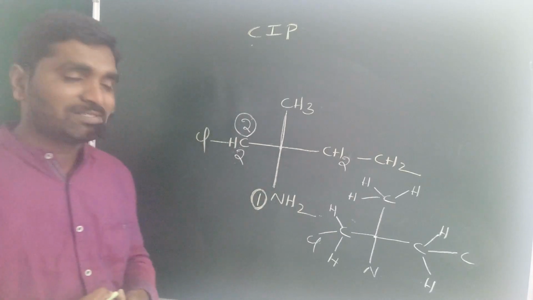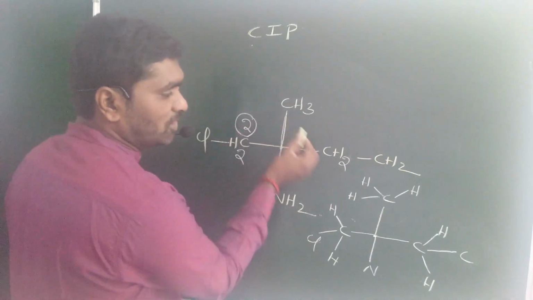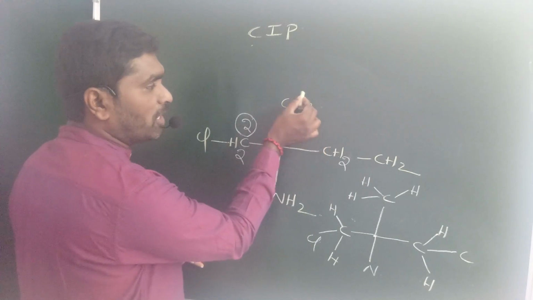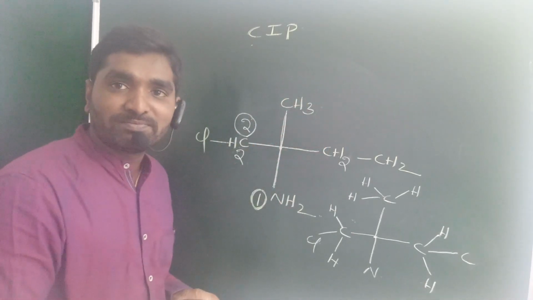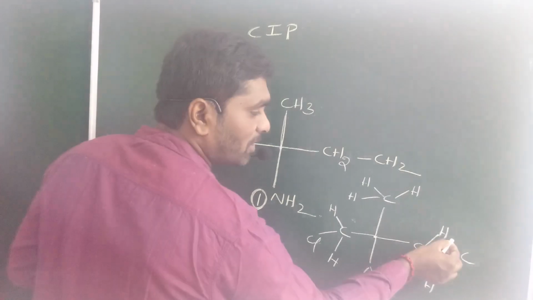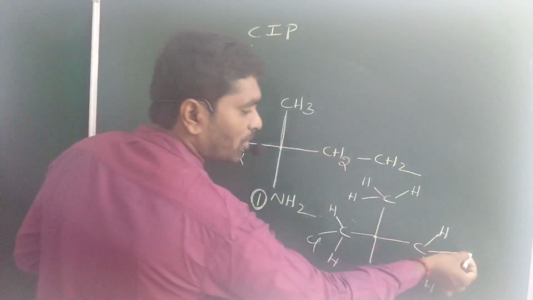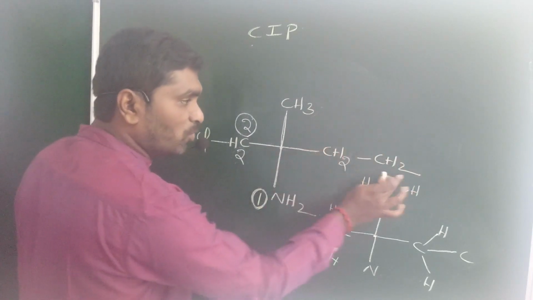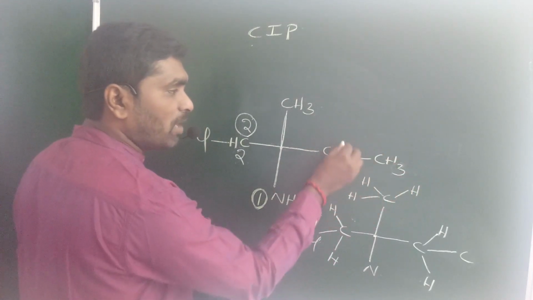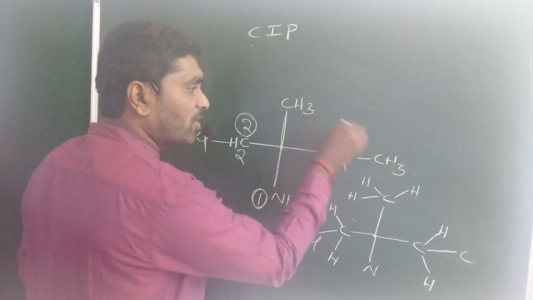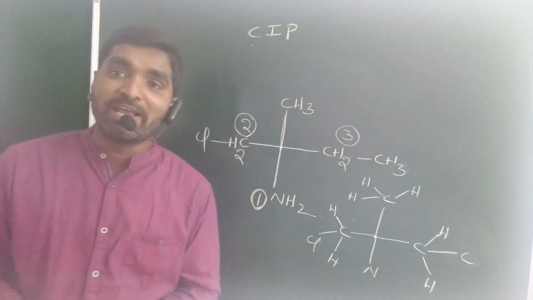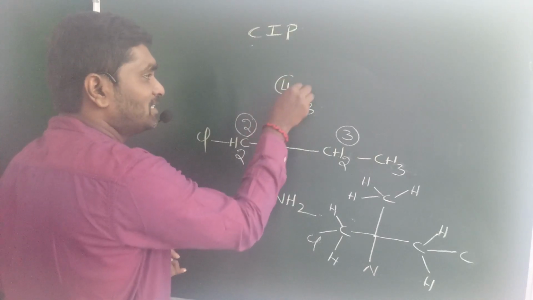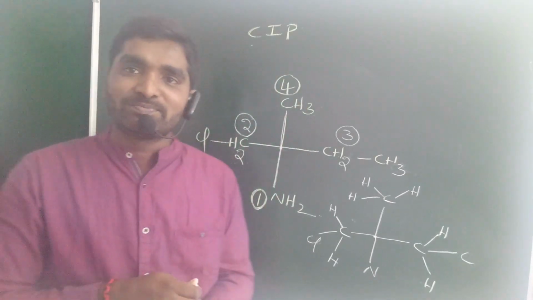And next one guys, look at this one. Among these two, the carbon above the plane is bonded with 3 hydrogen atoms, but the right side carbon has 1 carbon atom instead of hydrogen. That means this ethyl group may be the third priority group, and the least priority group is the CH3 methyl group.